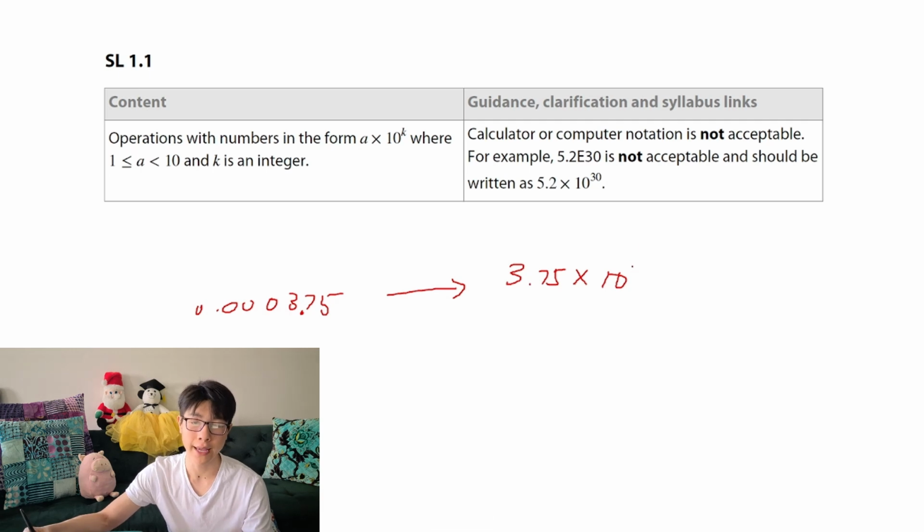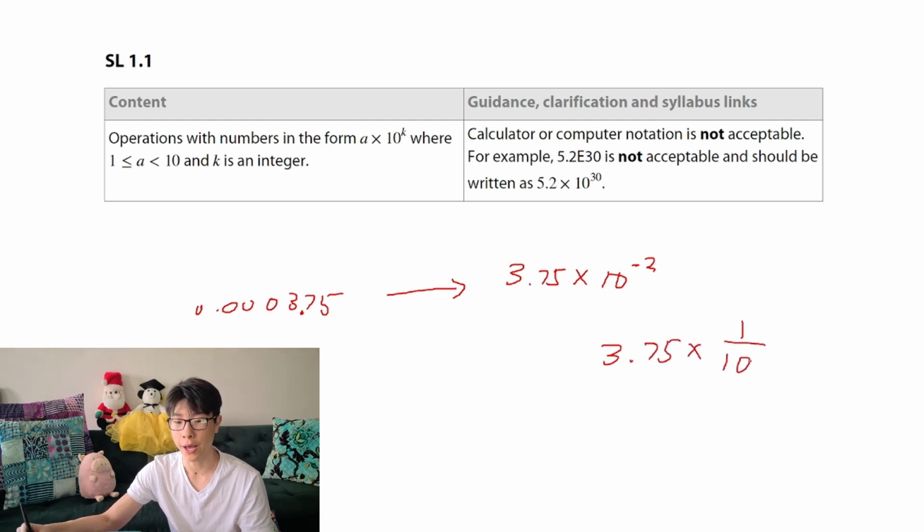Well, obviously, if we have any power greater than 0, like 1 or 2, we are not going to get this number because it's just going to get bigger and bigger. And this is where negative indices come in. If you're familiar with indices laws, and you should be by now, if we take the power of, like, -2, just for example, it's basically saying we are multiplying by 1 on 10 to the power of 2, or 1 on 100, okay?